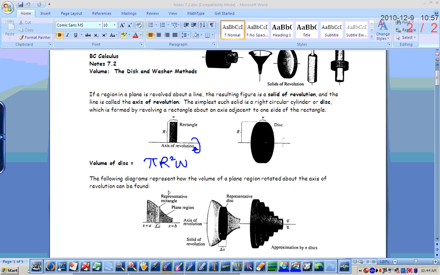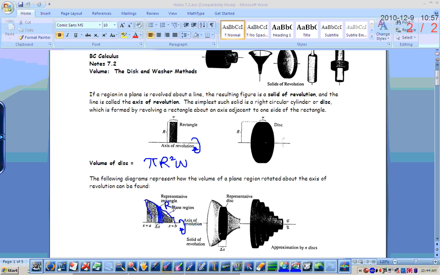Now let's picture taking this whole region right here and revolving that around the axis of revolution, which is right here. We want to think of it like the cross sections we've been talking about, but we're going to take one rectangle and let the height of that rectangle be r, because we're dealing with a circle when we revolve it.